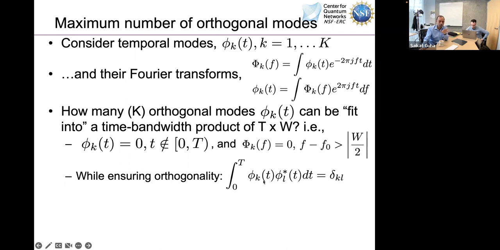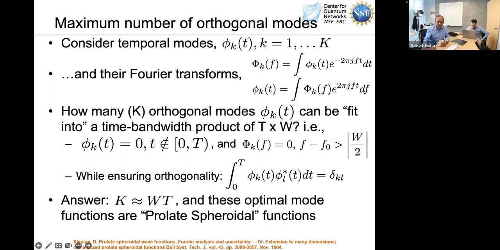But I also want you to make sure that these mode functions are roughly confined to this 0 to T time window, and their Fourier transforms are roughly confined to this W hertz bandwidth window. What's the maximum number of such mode functions that you can fit into that window? The answer is given by roughly the product of W and T.